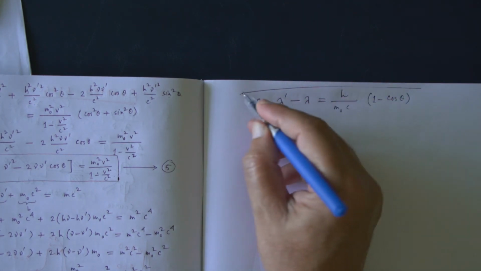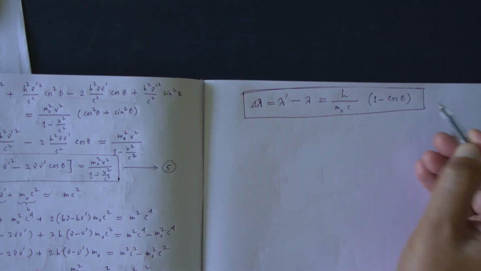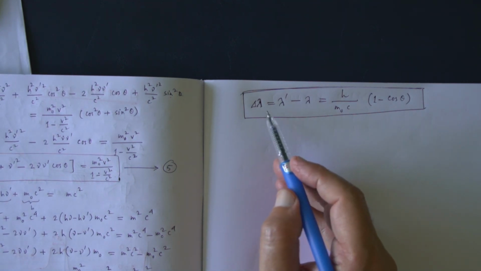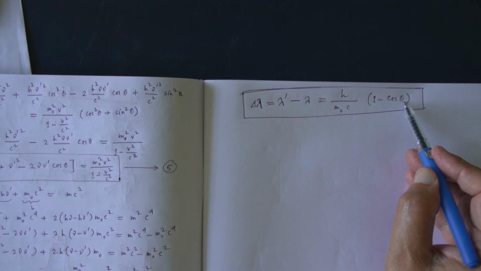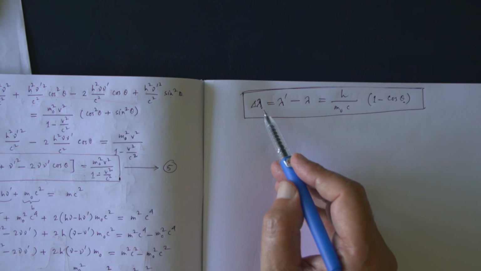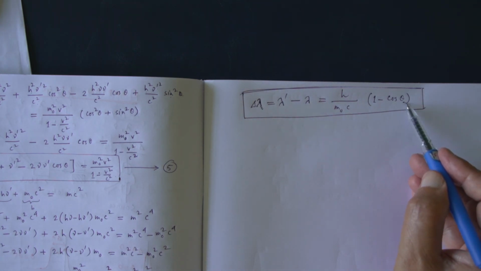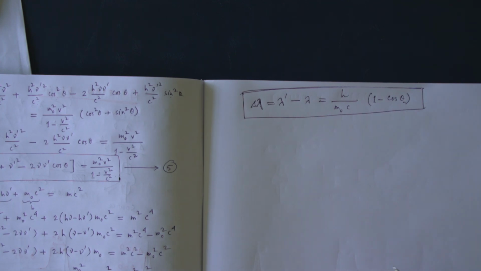So you see, what is the drawback of classical physics? It cannot explain why Δλ depends on the angle. Now from this explanation we can say why Δλ depends on θ, because in the expression we have θ. So this is Compton's explanation regarding the Compton effect.